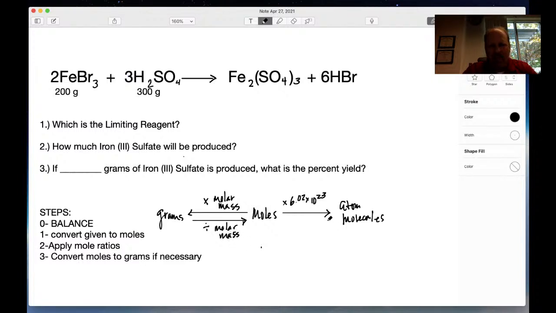Okay, and so same thing here. If you had atoms or molecules or whatever, and you head back into moles, then we're going to divide by 6.02 times 10 to the 23rd.